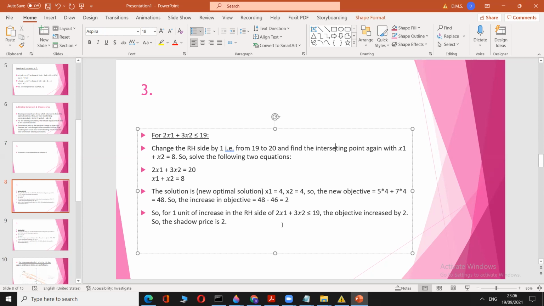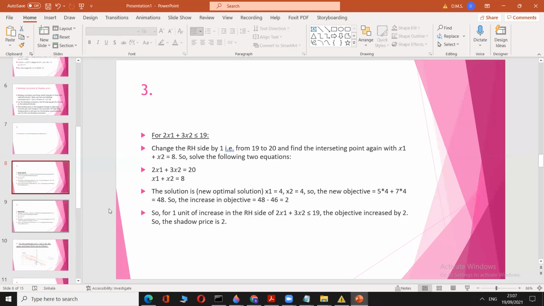In the same manner you can increase x1 plus x2 equals 8 by 1, so it becomes 9, and then simplify it with 2x1 plus 3x2 equals 19. Get those values, and in the same manner take the difference between the new maximization value and the old maximization value, and that is the shadow price.